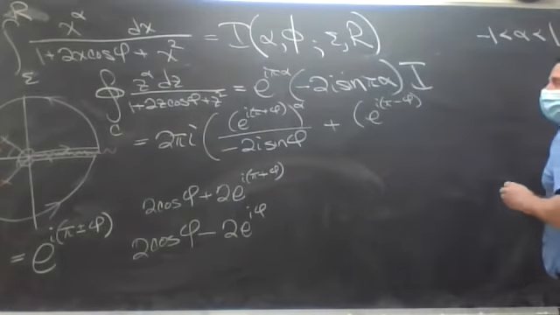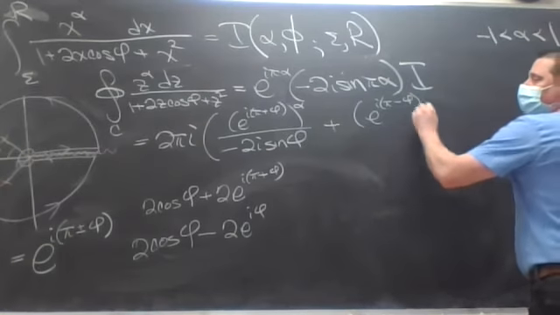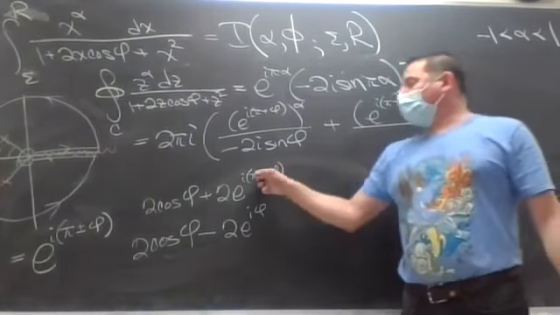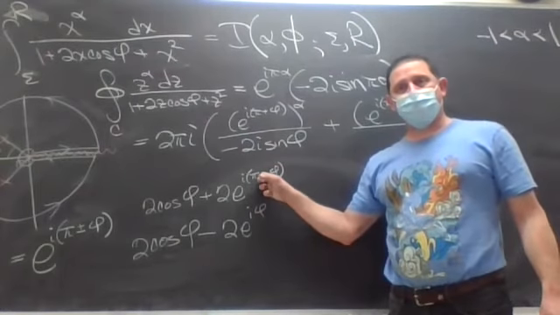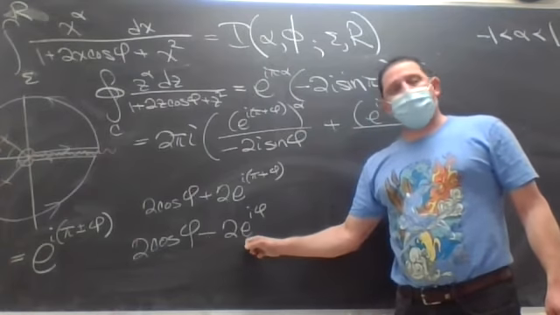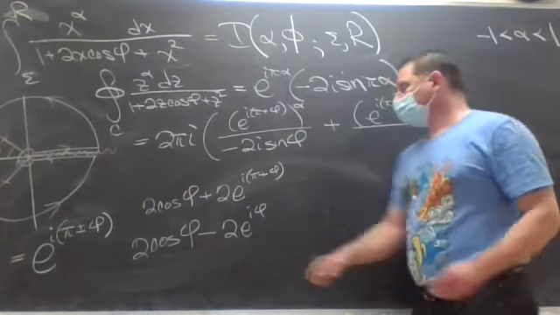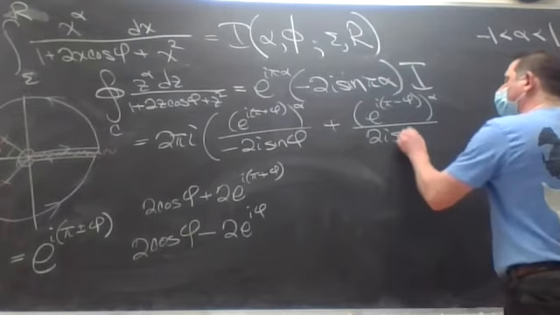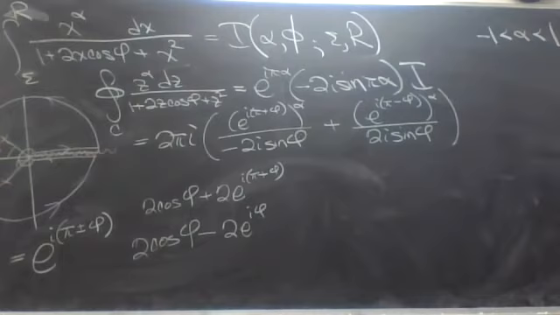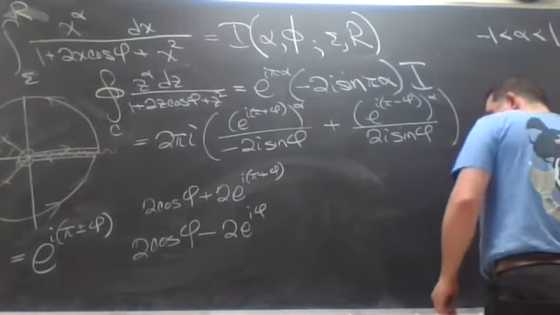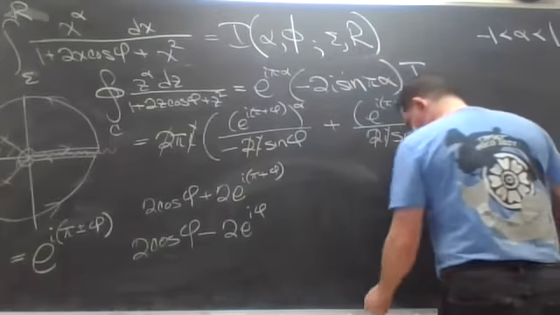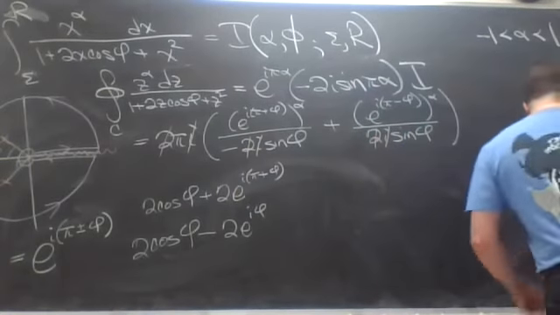E to the i pi minus phi to the alpha divided by, now it's just going to be minus 2 e to the minus i phi, which is 2i sine phi. At this point, the 2i cancels out neatly.